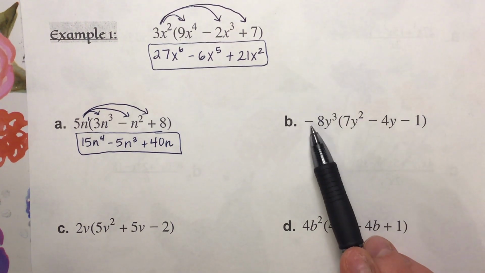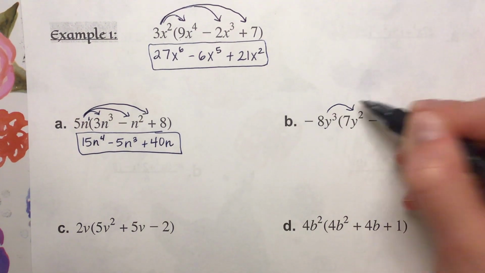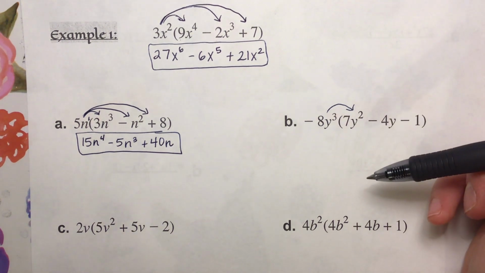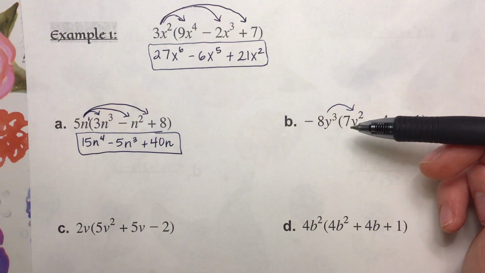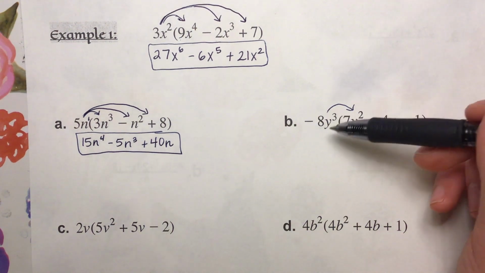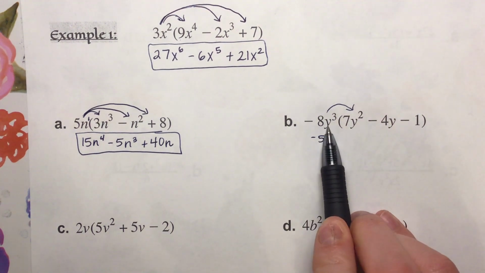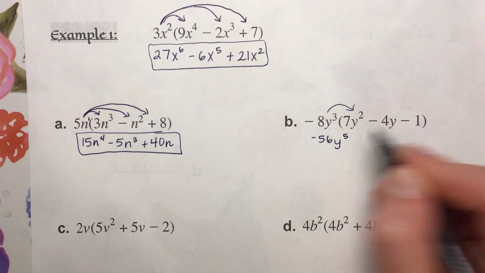This time I'm distributing a negative, so be mindful of that. I have negative 8y to the 3rd times 7y to the 2nd. Well, first you need to take negative 8 times 7, and that is going to get us negative 56. Then I take y cubed times y squared, which is y to the 5th.